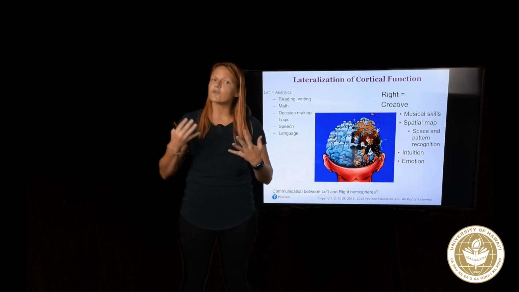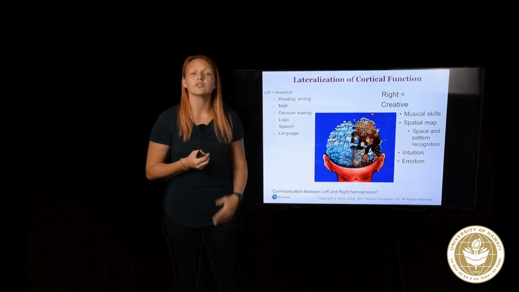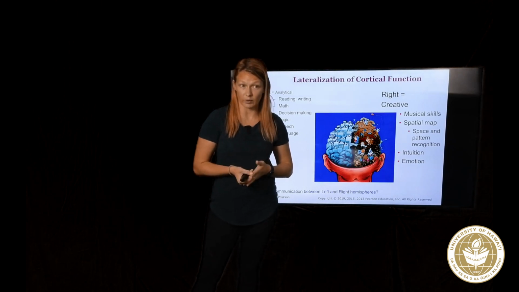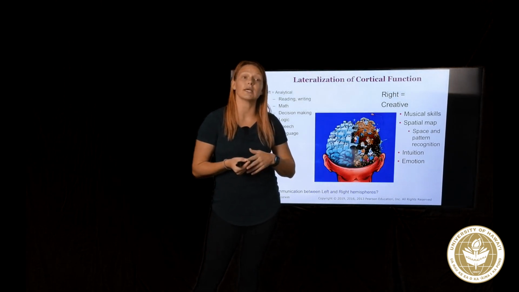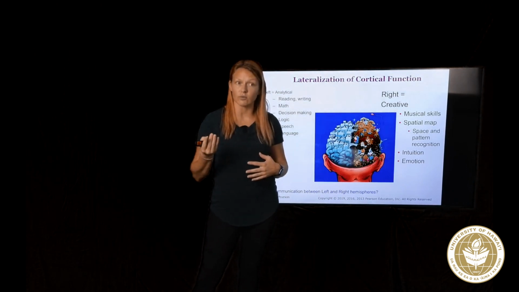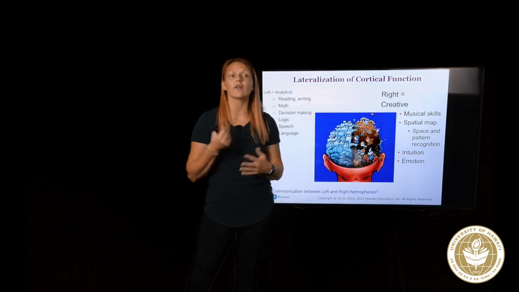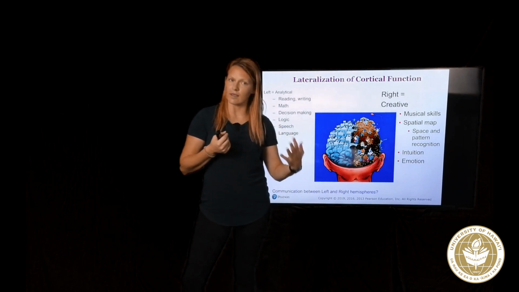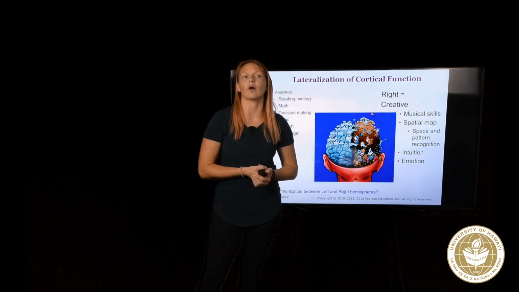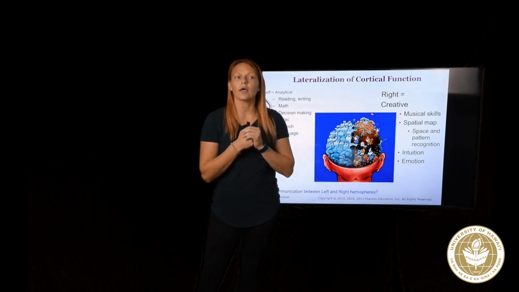So cerebral dominance refers to the hemisphere that is dominant for language. And 90% of humans actually have left-sided dominance. Usually this is going to result in right-handedness. In the other 10%, they're left-handed and they have right-sided dominance.